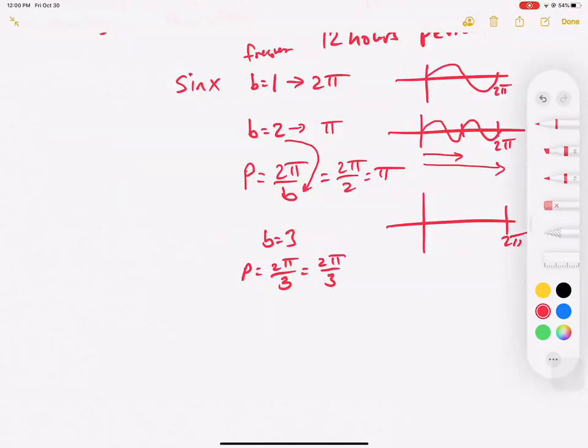Okay, that seems a little confusing-ish. But if I break this into thirds, break each pi into thirds, this is 1 graph, this is 2 graphs, and this is now 3 graphs. It's easier for me to break up.